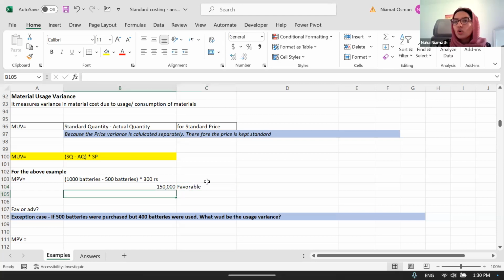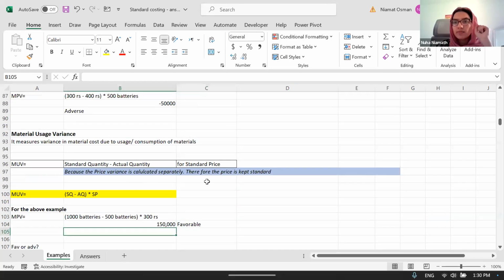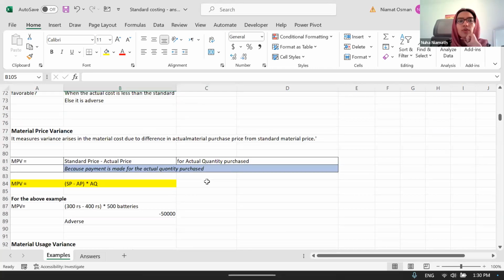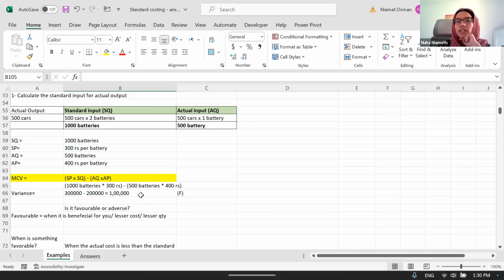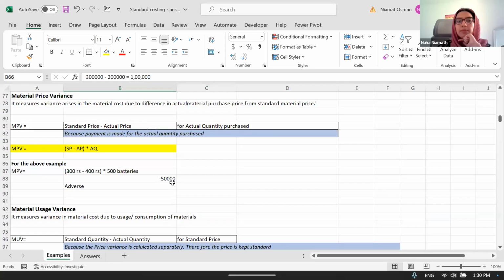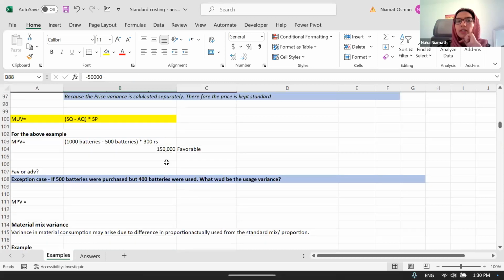So now always cross check. Your material cost variance should always be equal to your material price variance plus your material usage variance. So if I go above, my material cost variance came to 1 lakh favorable, my material price variance came to 50,000 adverse, and my material usage variance came to 150,000 favorable.